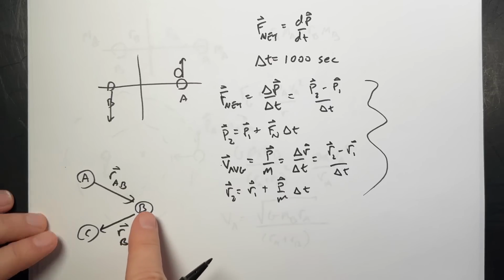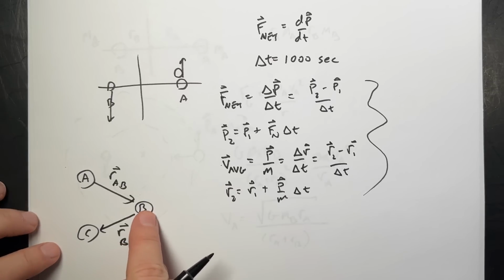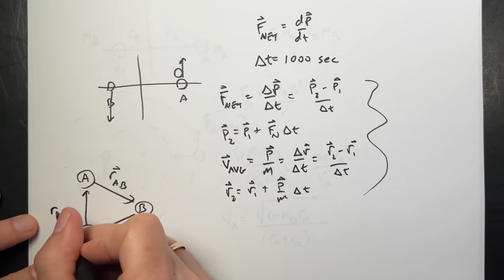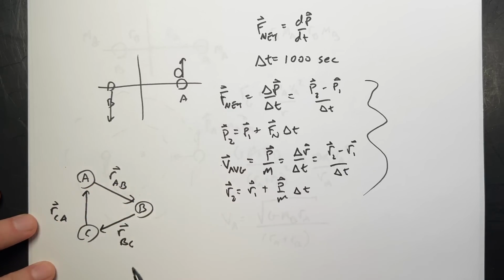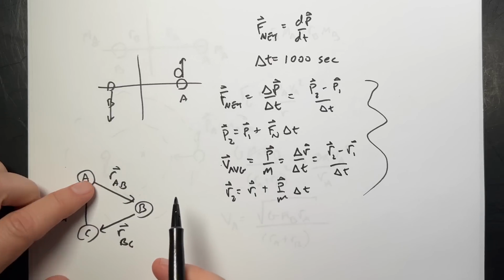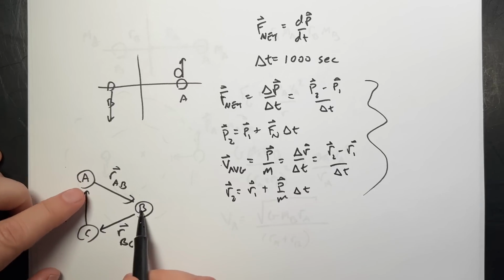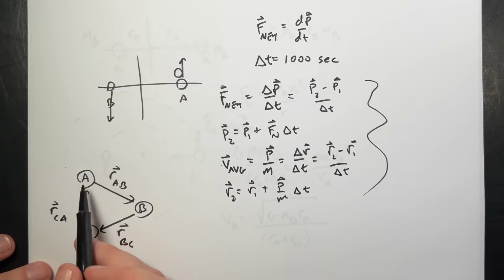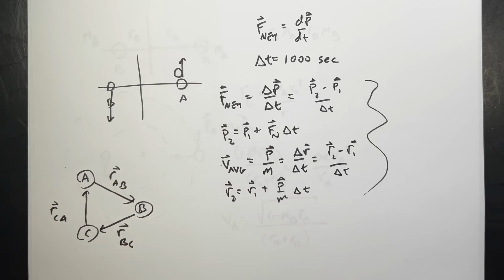This is from A to B, from B to C. And this one I'm going to do from C to A, so R_CA. And then when I calculate the forces, the force of B pushing on A is going to use this. And the force of A on B would be the opposite. So each planet, each star is going to have 2 forces acting on it. Okay. So let's use that convention to find our things. And it'll help us keep track of everything.